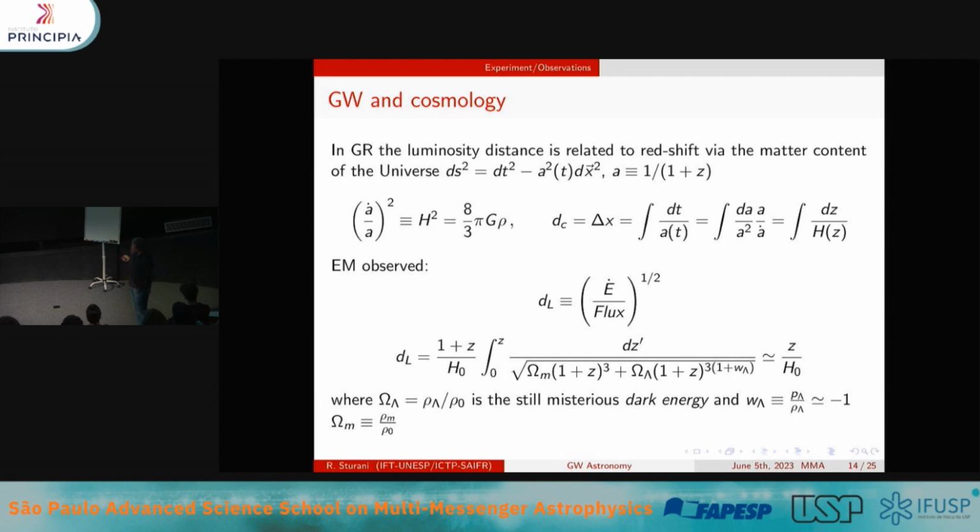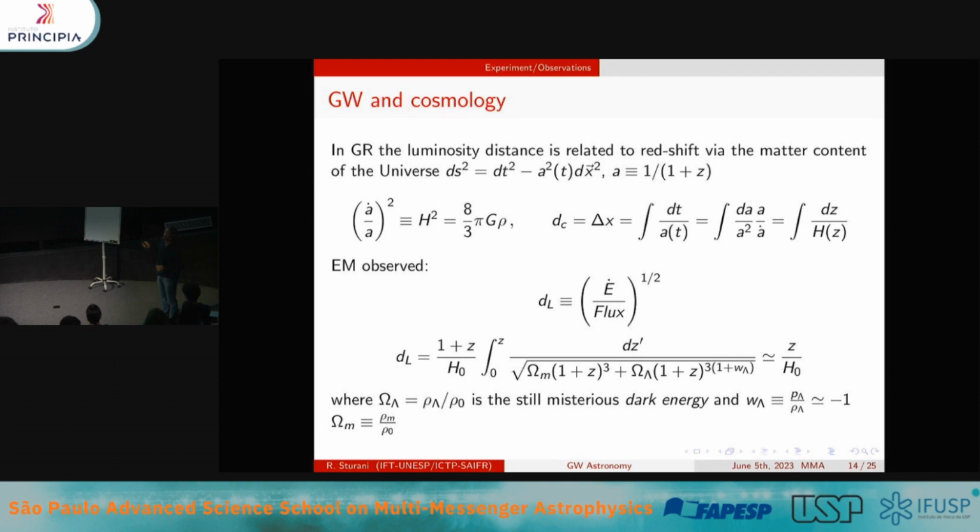Electromagnetically, we usually measure luminosity distances, which are the ratio between the energy rate emitted by the source and the flux that reaches us. We can measure luminosity distance if, A, we have a detector detecting some flux, and B, we know the intrinsic energy rate emitted by the source. Like for supernovae, somebody knows how to calibrate them.